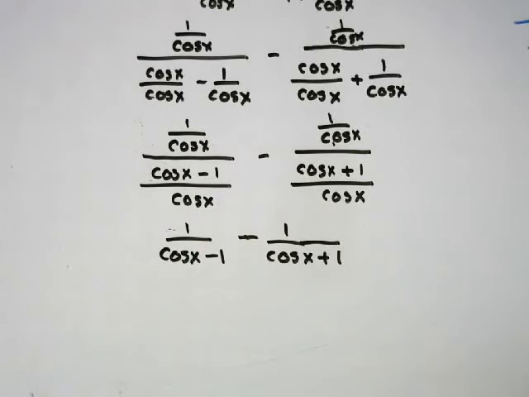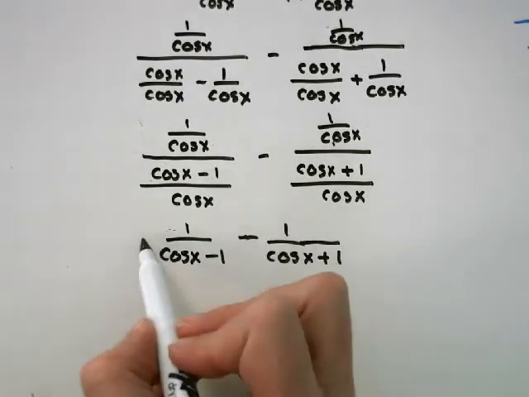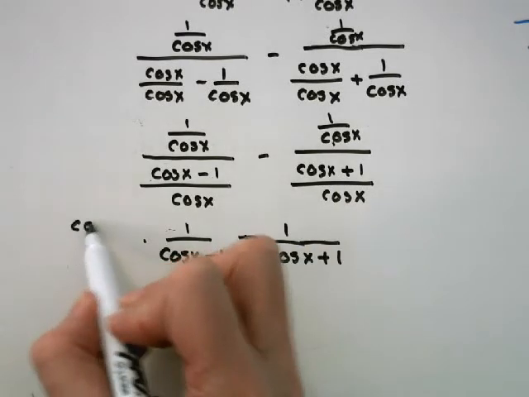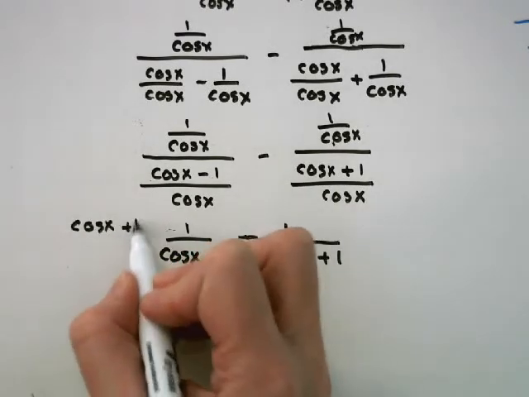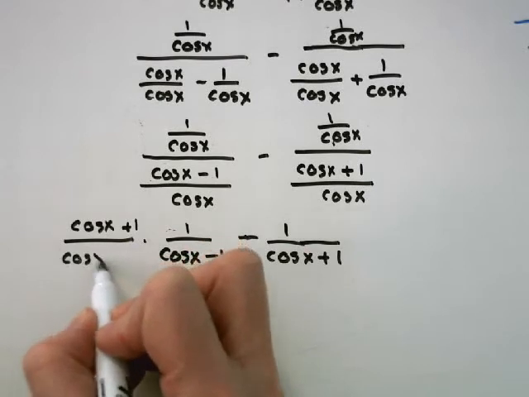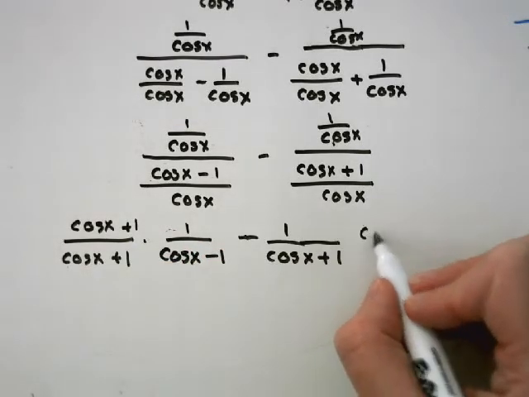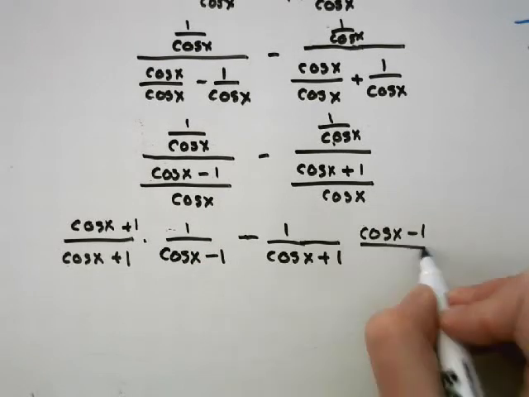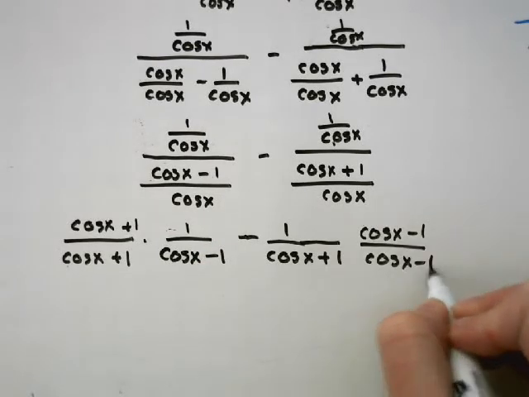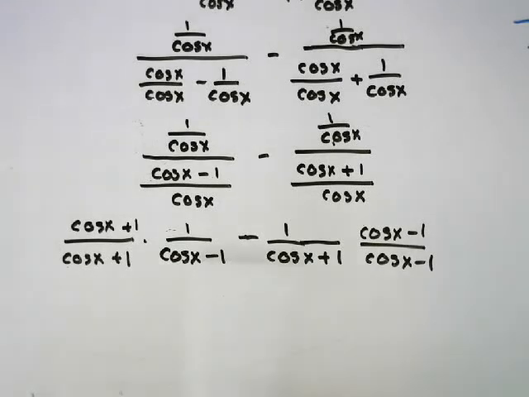All right, now we're going to do common denominator again. So I'm going to multiply this one by cosine of x plus 1 over cosine of x plus 1. And I'm going to multiply this one by cosine of x minus 1 over cosine of x minus 1. All right.